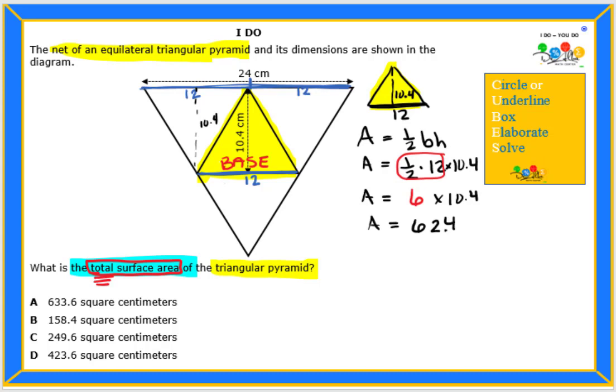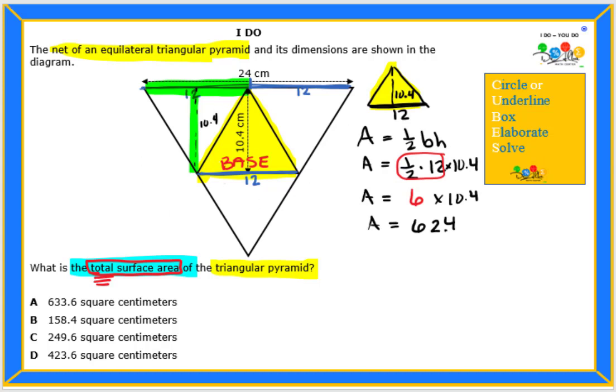So now let's look at the lateral face. Remember we said look at the lateral face. It's congruent to the base. It has a base of 12 and it has a height of 10.4, just like our base triangle. So we can just use the same area for the other 3.